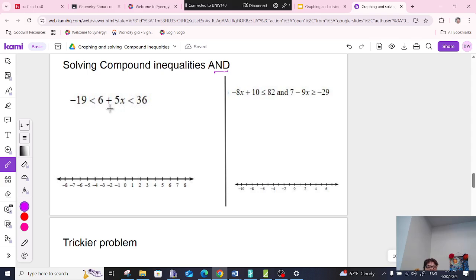So here, I want to get x just in the middle. To do that, I'm going to subtract 6, but you subtract 6 on all sides here. So I'm going to subtract 6 at the -19, I subtract 6 with the 6 just to get the variable isolated, and I subtract a 6 here.